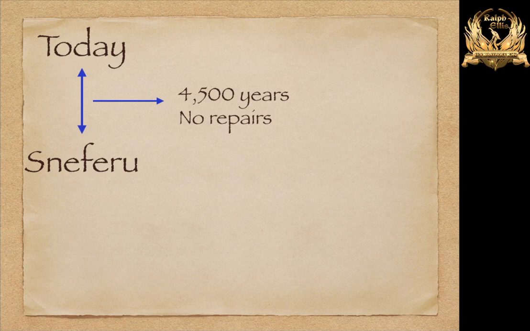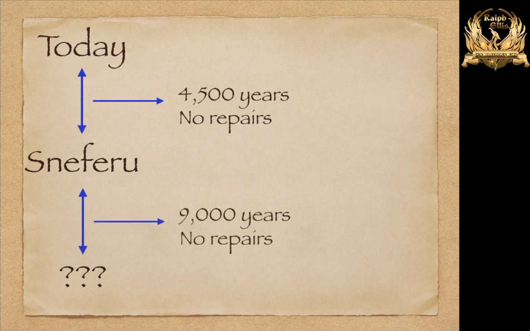So what if we were to say perhaps that Snefru was associated with this pyramid not because he built it, but because he repaired it? In which case we could say that the pyramid was built at least 4,500 years before the time of Snefru, maybe up to 9,000 years, double that amount of time.